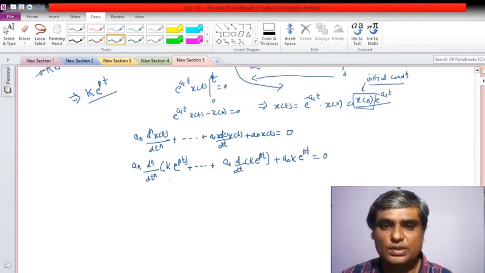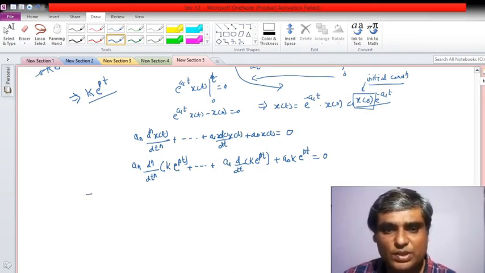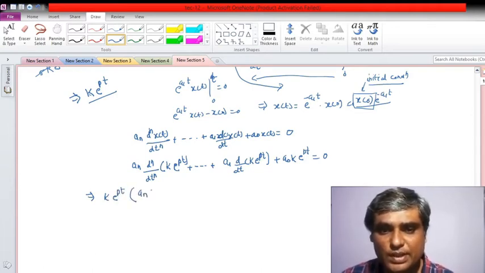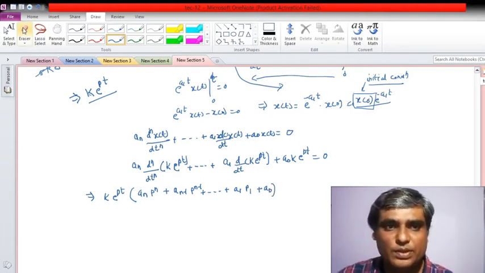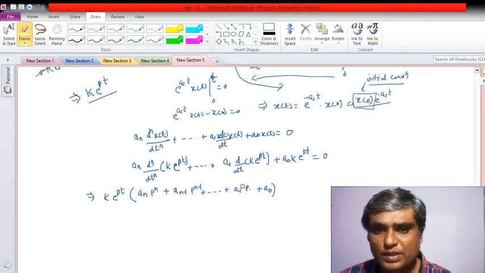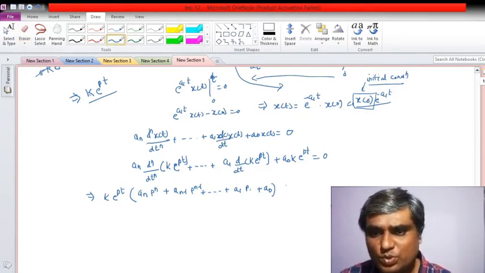Okay, and if I differentiate it so many times, I can take k e raised to pt common, and what will be inside it? a_n p raised to n plus a_(n-1) p raised to n minus 1, like this, a1 p raised to 1 plus a0, which is equal to 0, right?